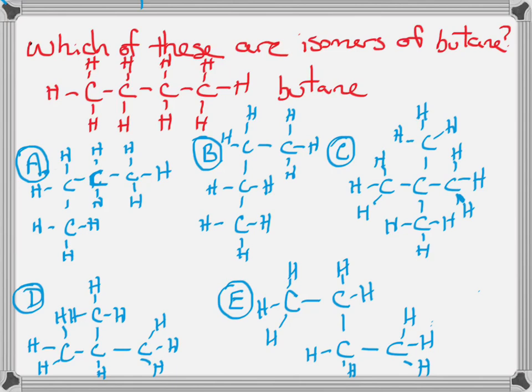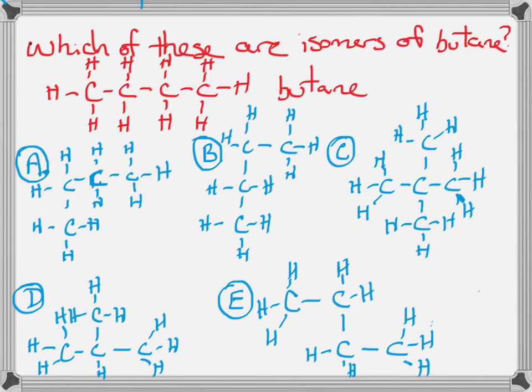So the first thing you need to do to determine whether they're isomers is figure out, do they have the same molecular formula? Well, I better figure out what the molecular formula of butane is first. Since I've drawn the structure here already in the problem, we can do that.